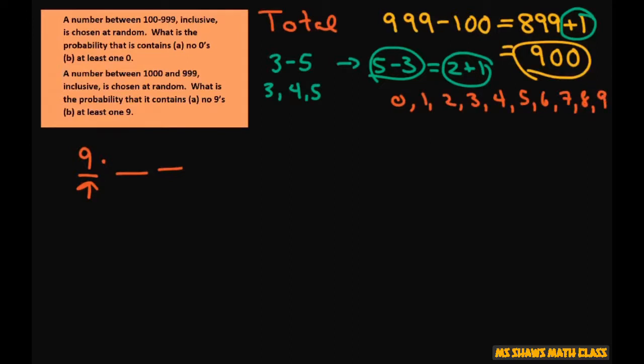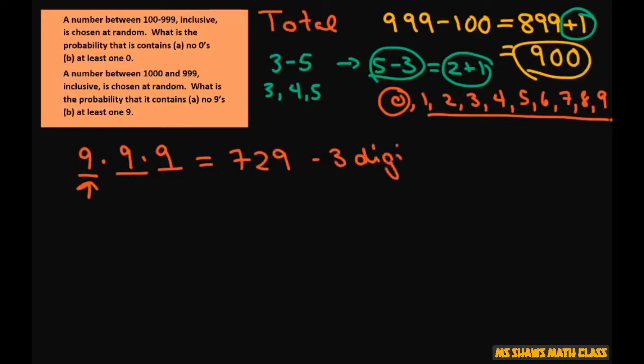So basically, we can't use 0. So there's only 9 possible ways. So that's going to be 9 times 9 times 9. Okay, so that equals 729 3-digit numbers with no zeros.